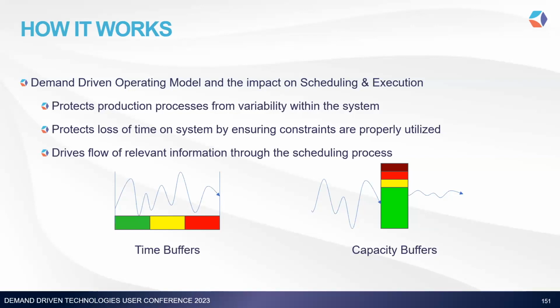Often efficiency is our number one go-to. We want to drive 100% efficiency on our resources to show that we're working and productive. But when you do that, you are taking away your ability to protect from variability. So instead of trying to maximize capacity on all of our resources, we're trying to minimize it so that we're protecting them.